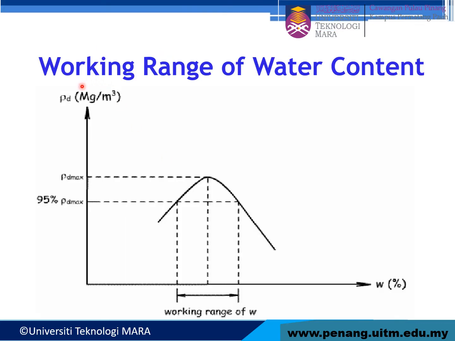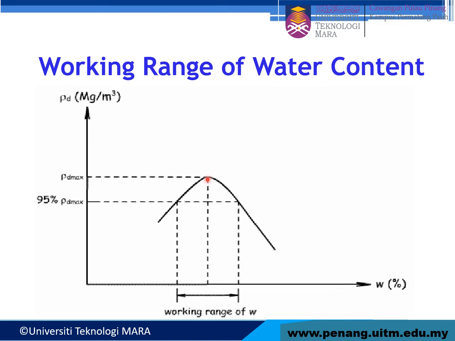Alright guys, look at this. This is a working range of water content. For example, here is our compaction curve. We get the optimum moisture content and maximum dry density at this point. So we look at the working range of moisture content.